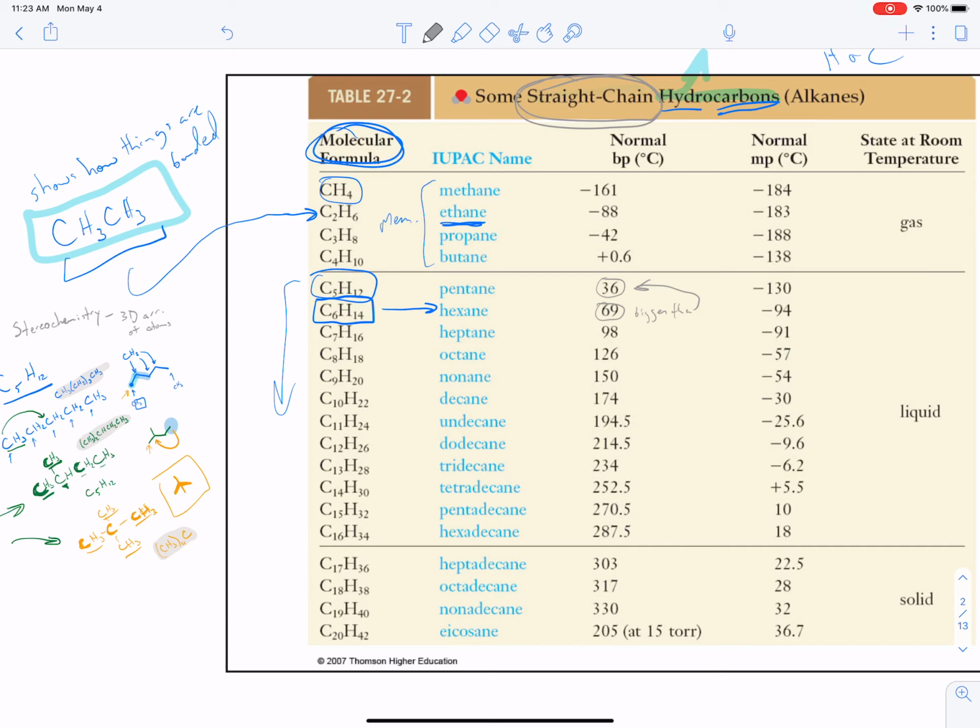Does that work with what we know? It surely does. Look at the melting points. For the most part, it takes a little bit more energy to melt something because it's simply bigger. So this is pretty fascinating, isn't it?